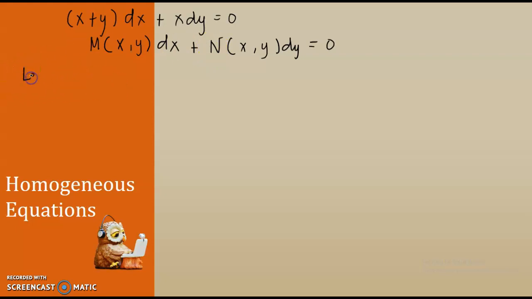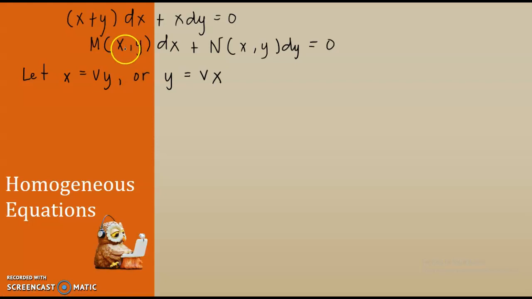Now, let x is equal to vy or y is equal to vx, depending on the convenience of solution. Either x or y, you will arrive at the same answer. But remember, depending on the convenience of solution. Lagi ninyong pipiliin kung saan mas madali kayong makakapag-solve.